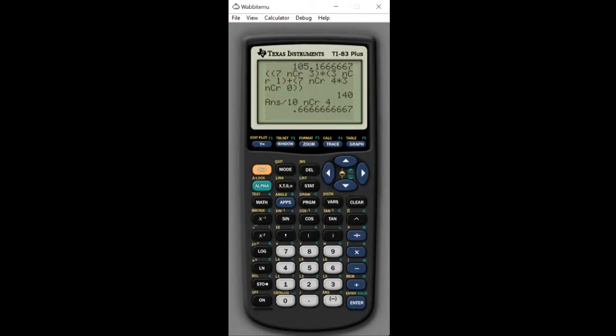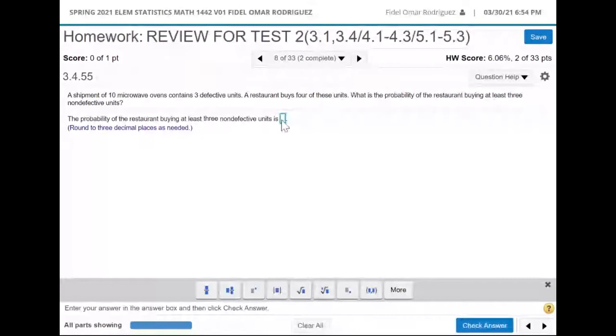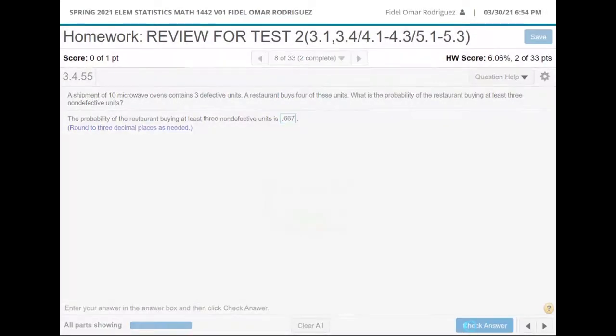So let me double check to see if this is going to work. It should. So let me come back to my problem. And it's asking me to round to 3 decimal places. So I'm going to type in 0.667. And let's hit check my answer, and hopefully it comes out. Boom, and there we go.